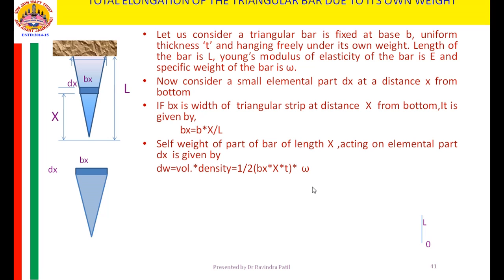Now the deformation of the small elemental part is equal to P, that is dw, into dx divided by A into E. Already you got the value of dw here. Now A, as I told you, is nothing but one dimension is bx, and the other dimension, perpendicular to the board, is t.